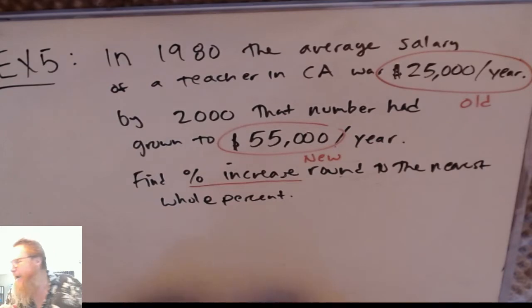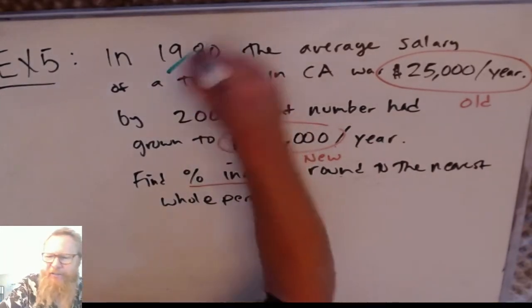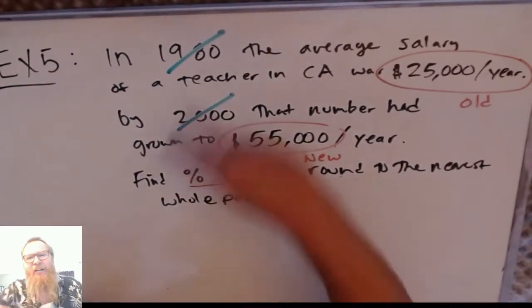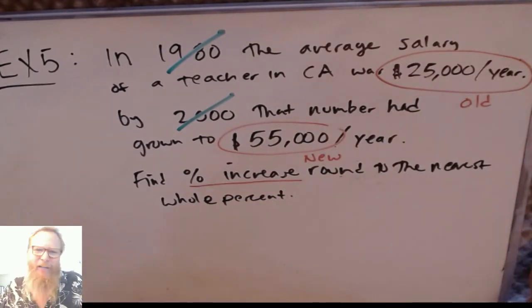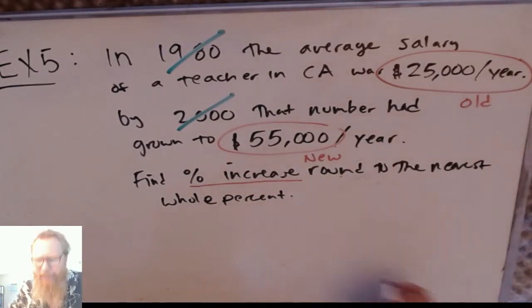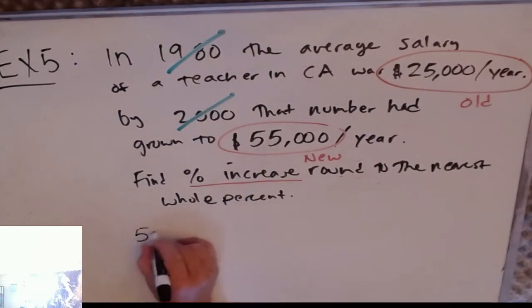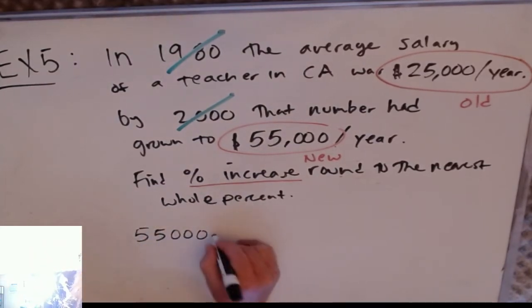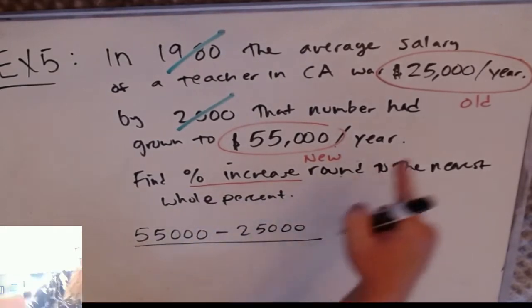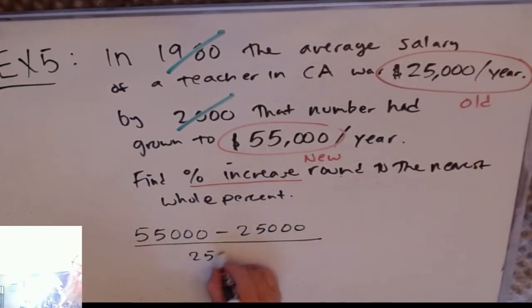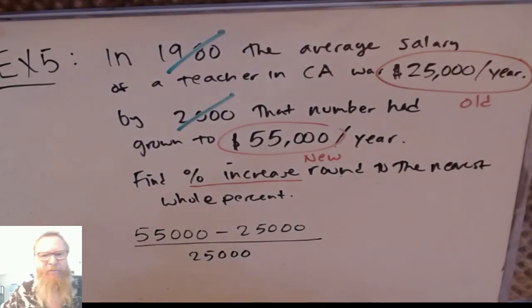So, now you can ignore the years, because the years are really just to tell you who's old and who's new. You're not going to use them in the actual formula. And then remember, it's always new minus old over old. That's the main mistake that students will often make.